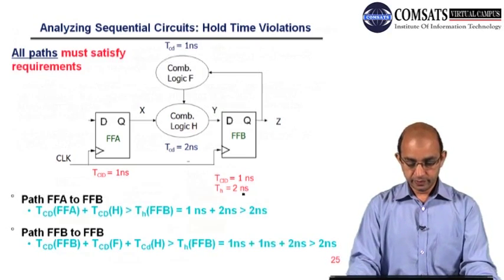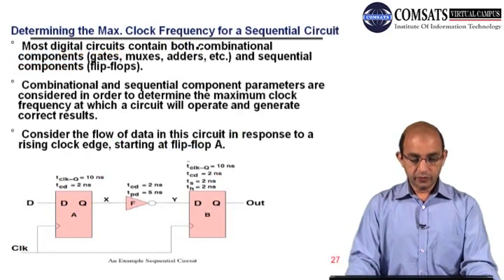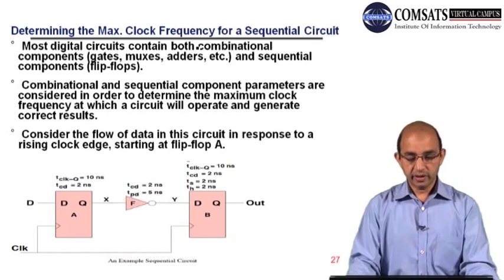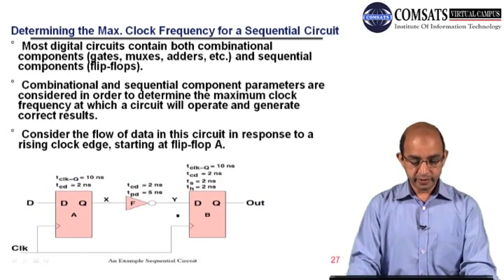Now, how do we determine the maximum clock frequency in the case of a sequential circuit? We have an example over here with both sequential and combinational circuitry. This is the path.